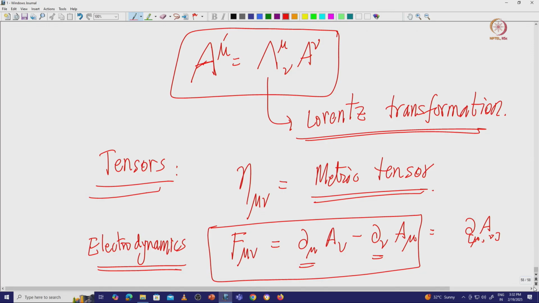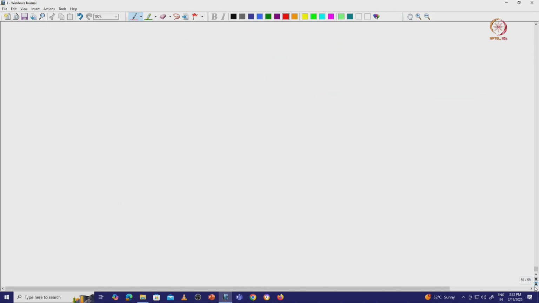Now what is this del nu? Del mu is also another vector, which is defined as del by del x mu.